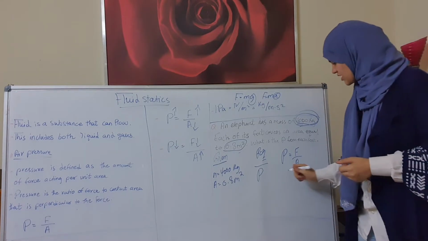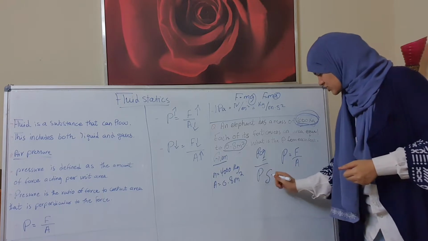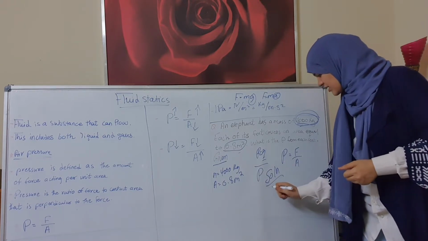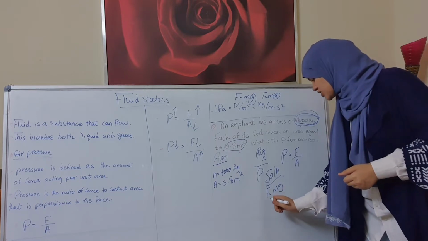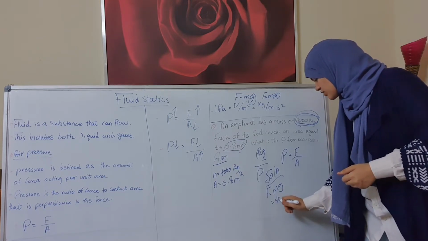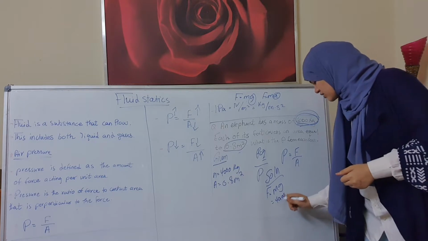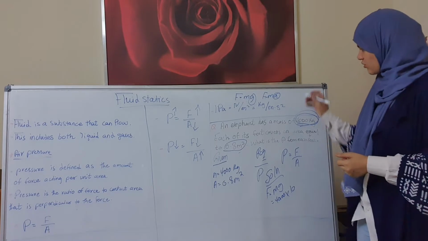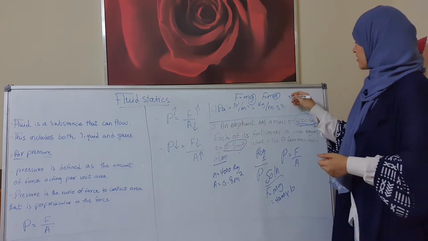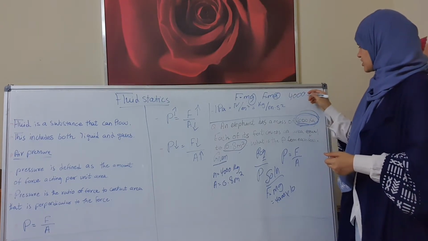Now the solution: F is equal to mg, which is equal to 4,000 times 10, so we have 40,000.